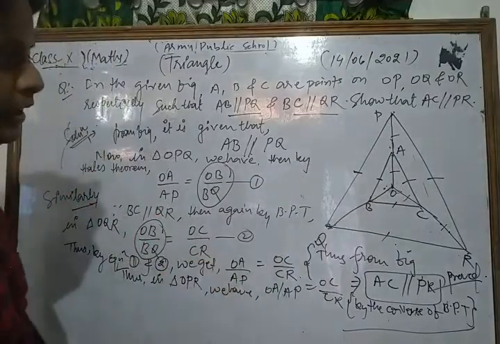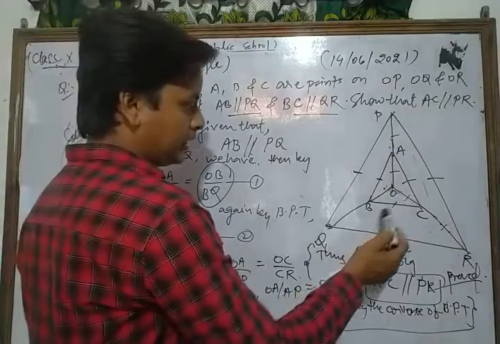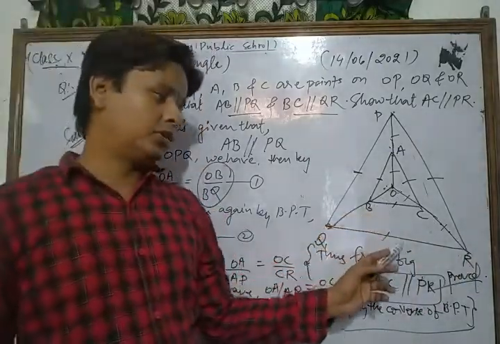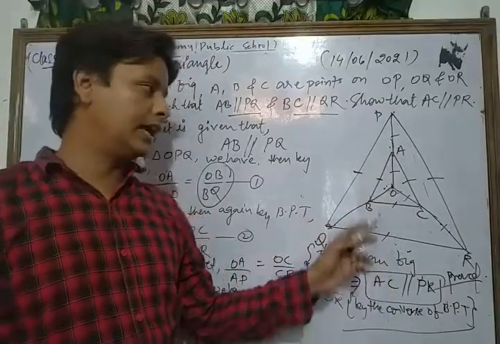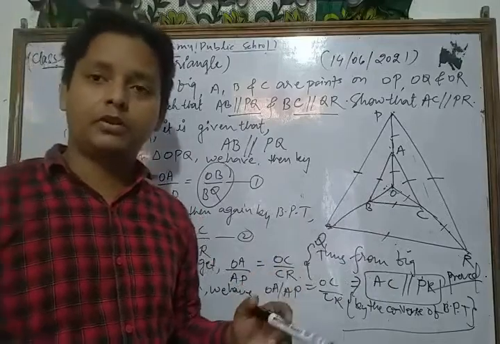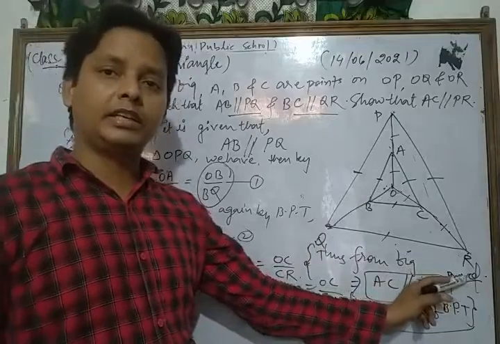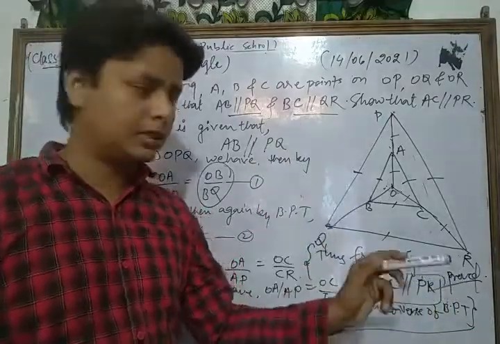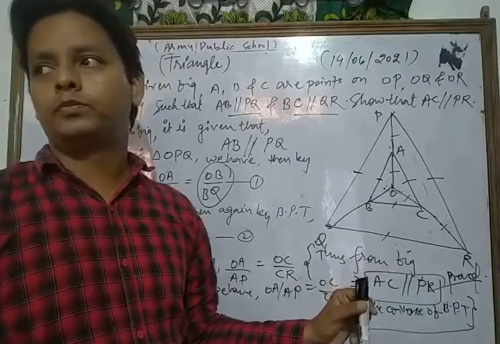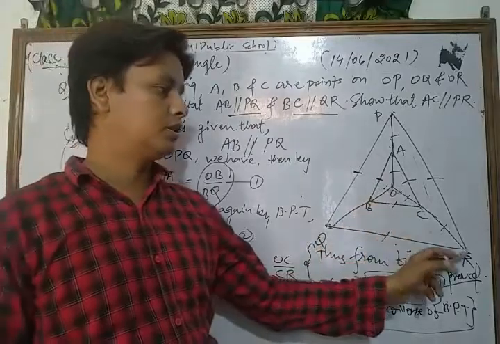Similarly, BC is parallel to QR, so in triangle OQR the other two sides divide in the same ratio, that is OB upon BQ is equal to OC upon CR.